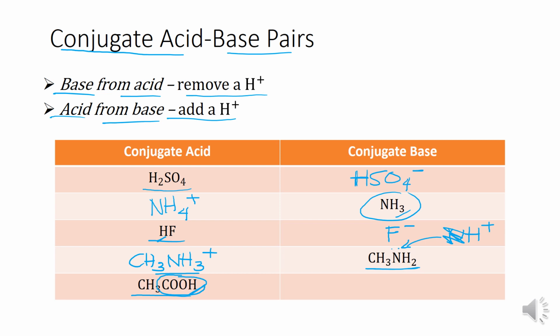Therefore, to get the conjugate base, we simply have to remove a hydrogen ion from the COOH. So let's copy CH3, then COO. That is the acetate ion. For the charge, the acetic acid is neutral. If it loses a hydrogen ion, the charge is now 0 minus +1, so that is negative.